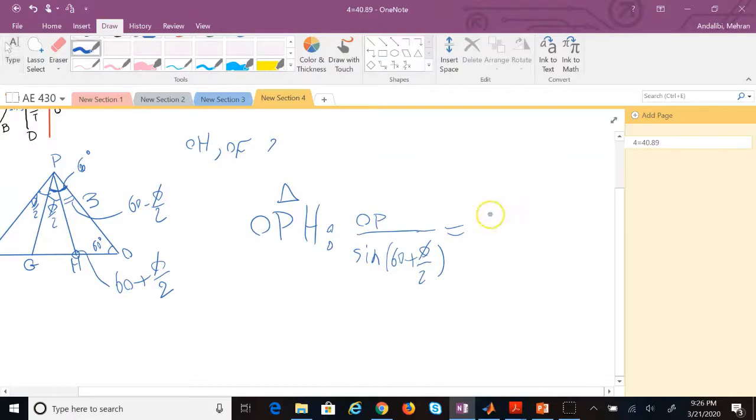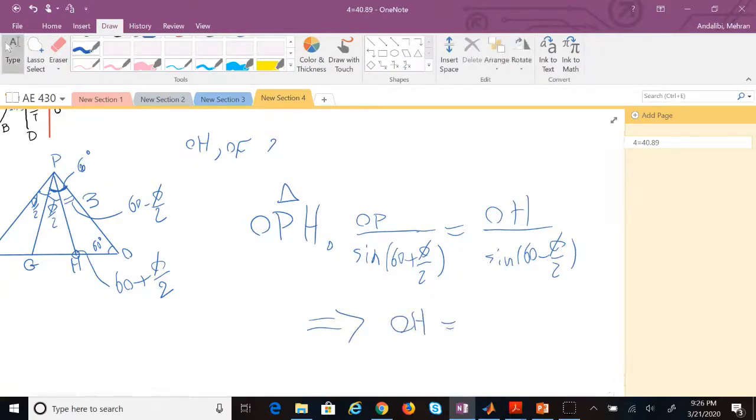For the moment, let's just focus on OH. It's going to be OH divided by the sine of 60 minus phi/2. And since I have phi and I have OP to be 3, from here I can easily find OH, right? Because everything is known.